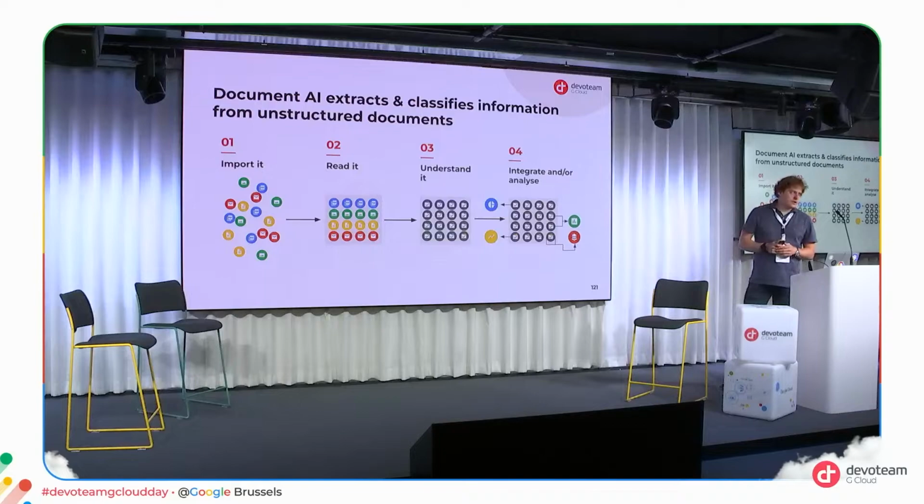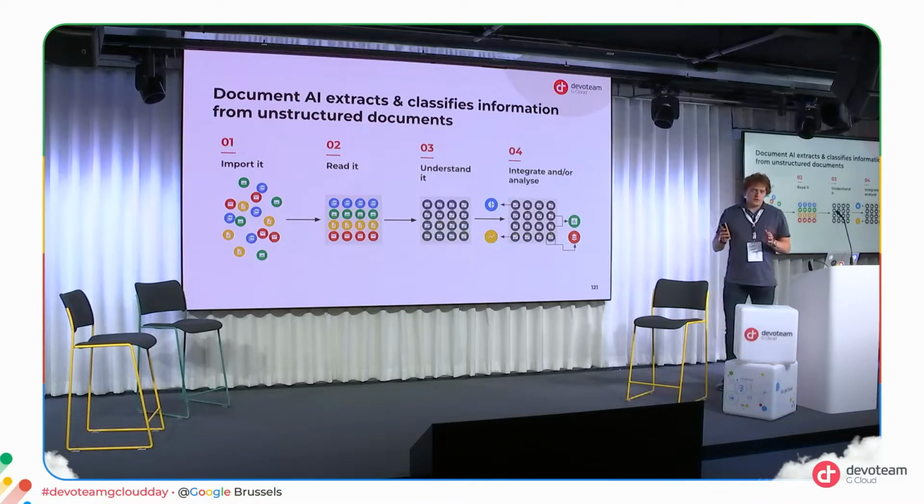Nice thing about these tools as well is that they're relatively low effort to set up and maintain. A business does not necessarily need to have a lot of ML engineering experience to be able to use it. In the end, it's just an API call, but it is quite important to know how to evaluate it properly. Because it's a machine learning model, you always have to start by knowing that it will never be 100% accurate.